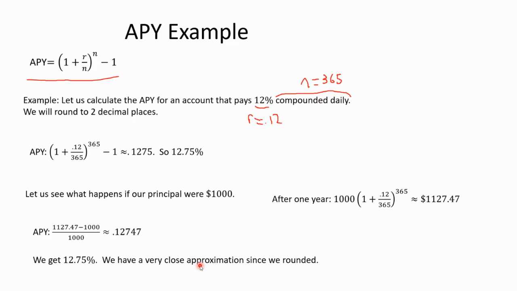And if we converted to a percent, we would get this. All I'm trying to show you is, even if we had the balance as $1,000, because here I never said what the balance was, we will get approximately this as our percent increase. We only get a close approximation, but that's really due to round off error.